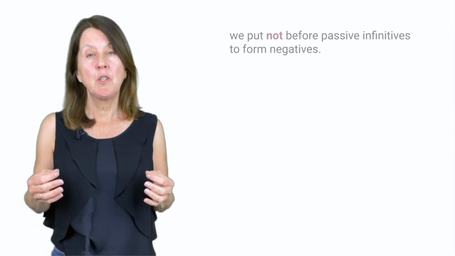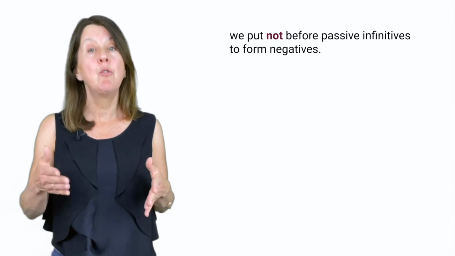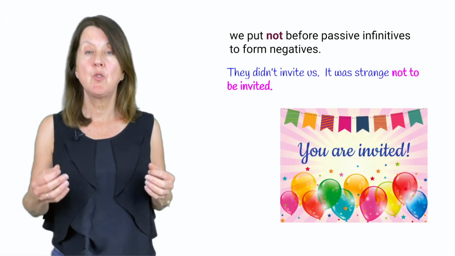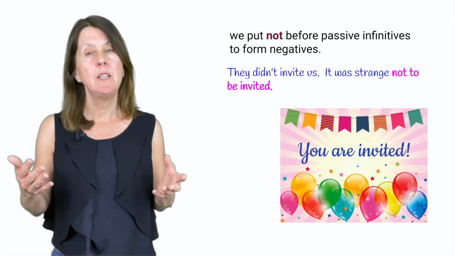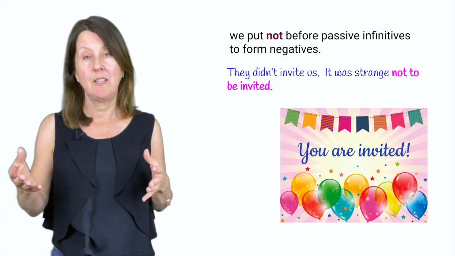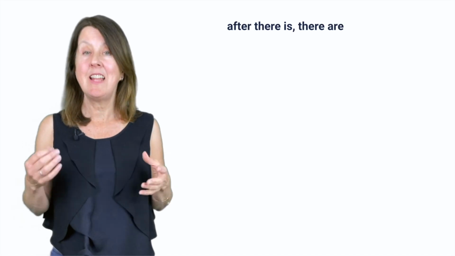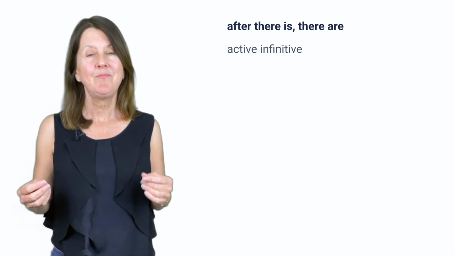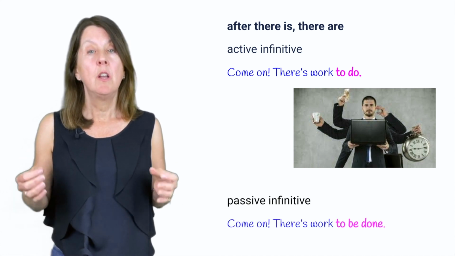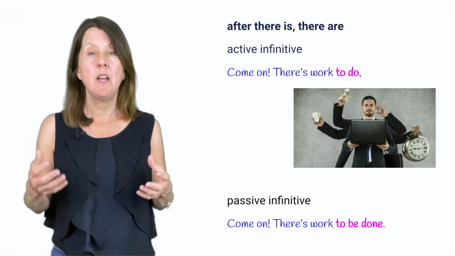We put not before passive infinitives to form negatives. They didn't invite us. It was strange not to be invited. And not to be not invited. So many nots there. After there is and there are, let's look at two sentences. Come on, there's work to do, or come on, there's work to be done.